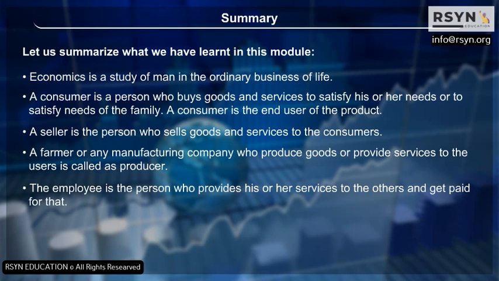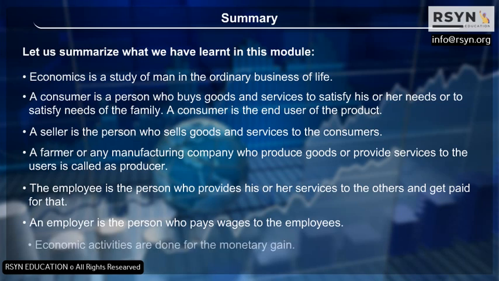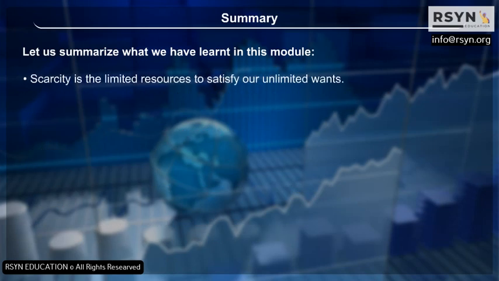The employee is the person who provides his or her services to others and gets paid for that. An employer is the person who pays wages to the employees. Economic activities are done for monetary gain. Scarcity is the limited resources to satisfy our unlimited wants.